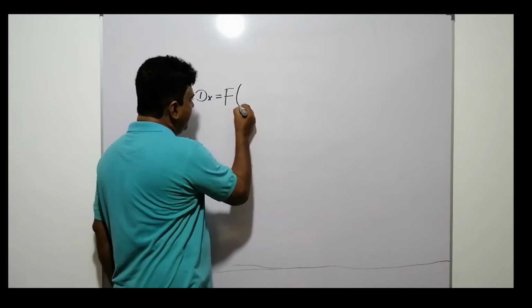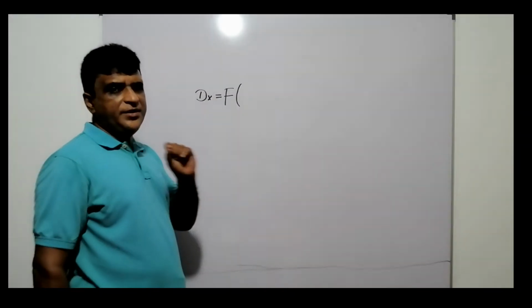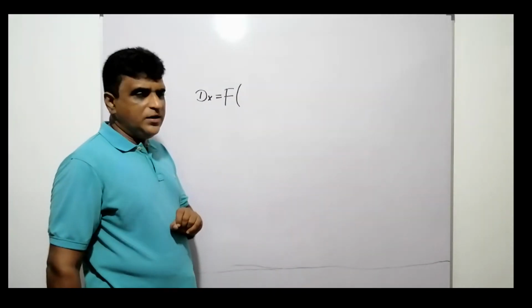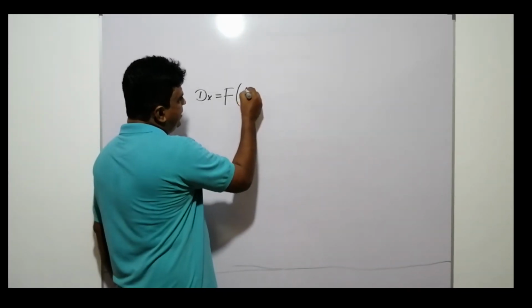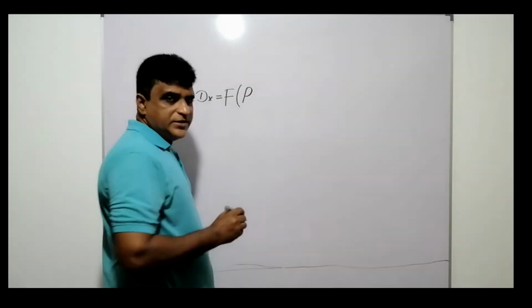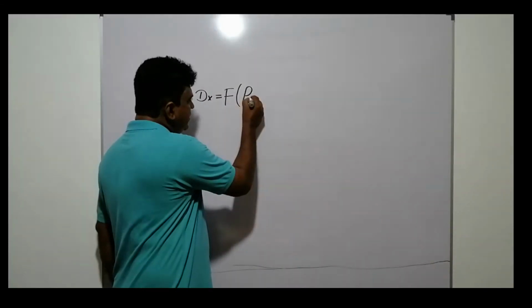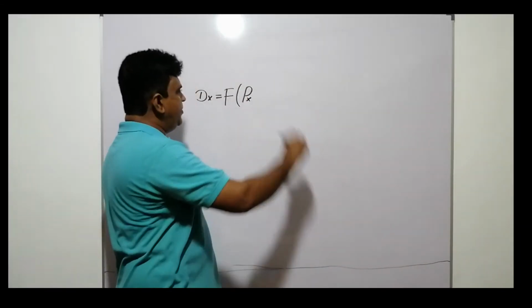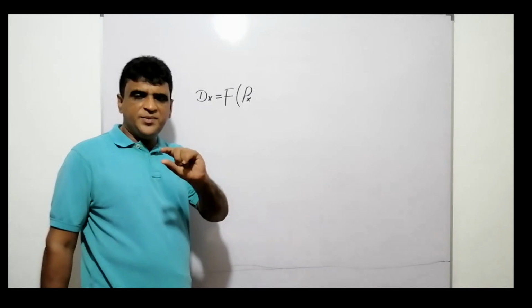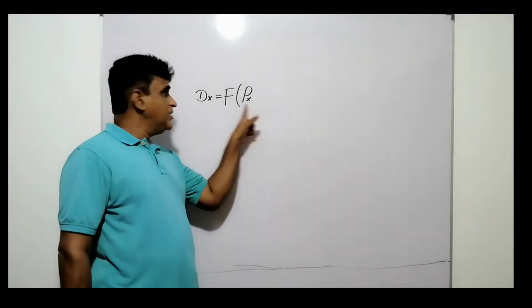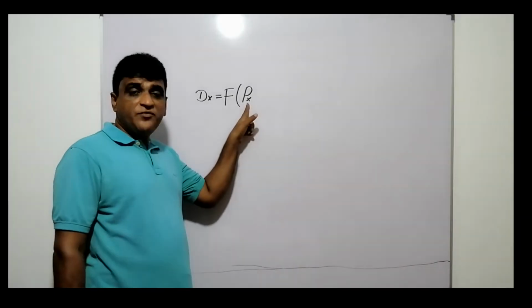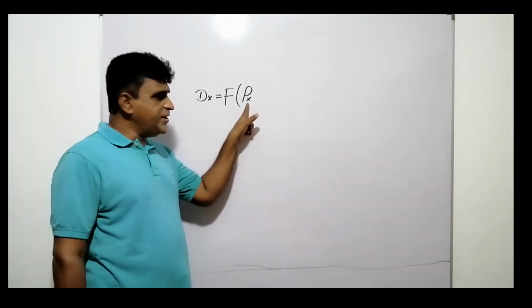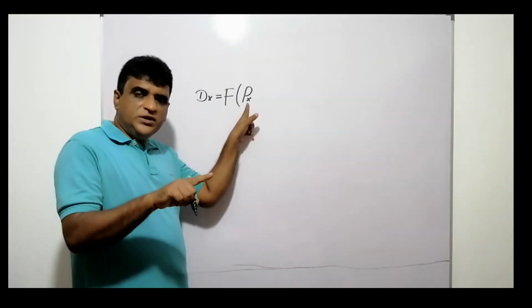then we can list all determinants of demand. The main determinant is price. Price of what? Px. Px means the price of x, the price of the desired good.